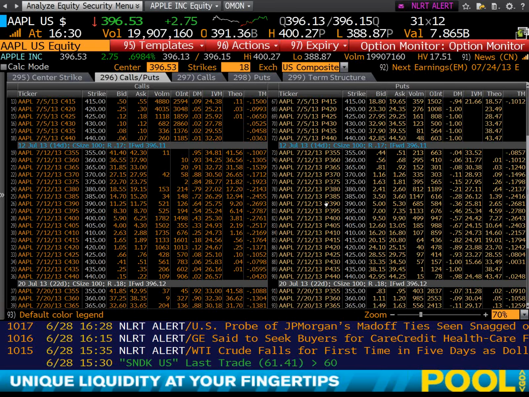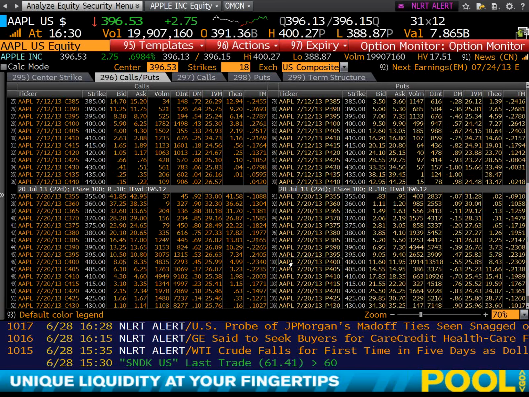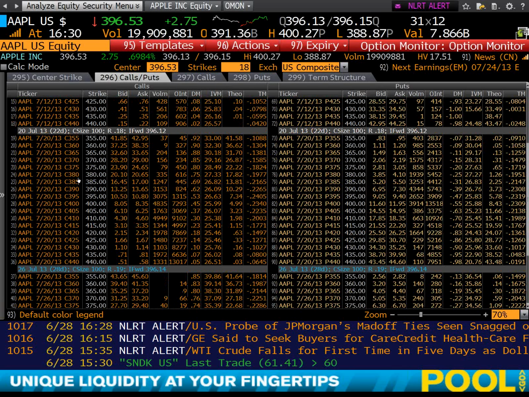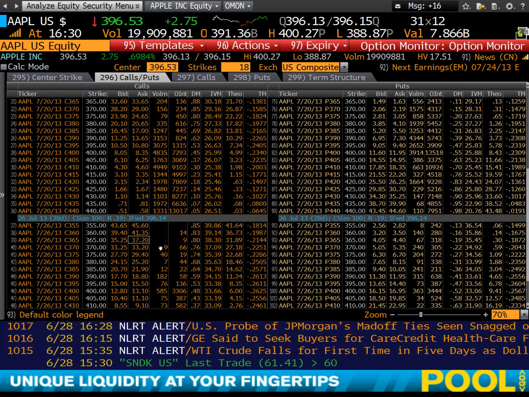Okay, so the Julys at the money, the 395s, are trading for 26. So these are in fact cheap to historical volatility. But if we go one more down, and this will kick us into the July 26 series, you can see that the volatility has gone from 25 to 33, and these are about 4% more expensive than historical volatility.